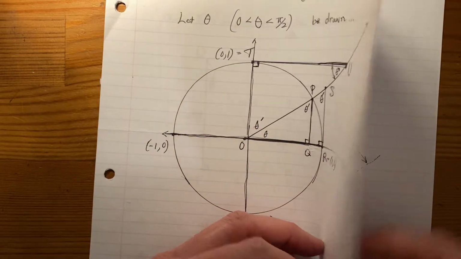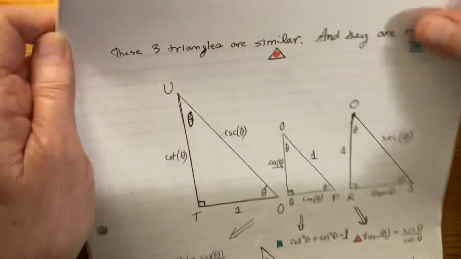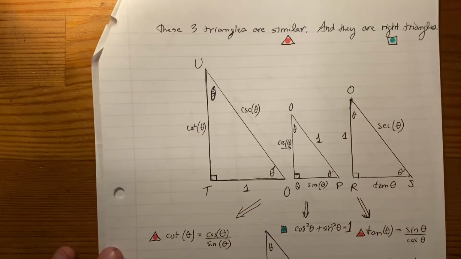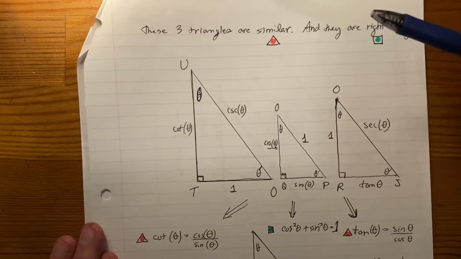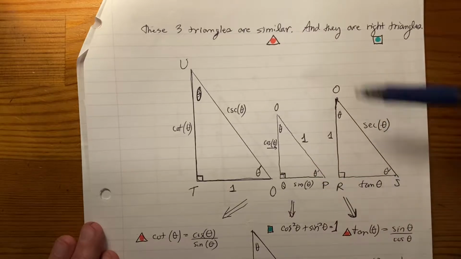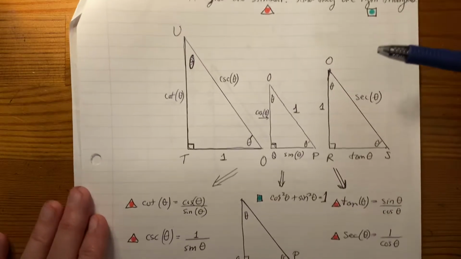And again, we didn't look at it in quite this fashion before, maybe not so prettily drawn up as what I had been doing for you live in class before. But those triangles, OUT, POQ, SOR, are all similar, right?